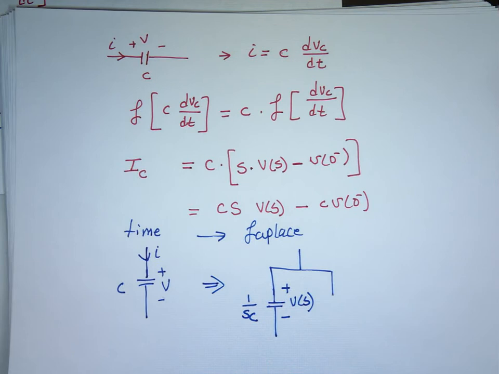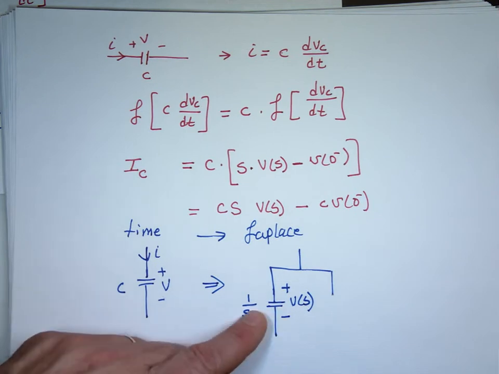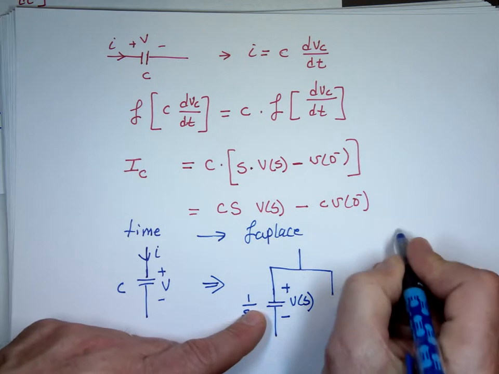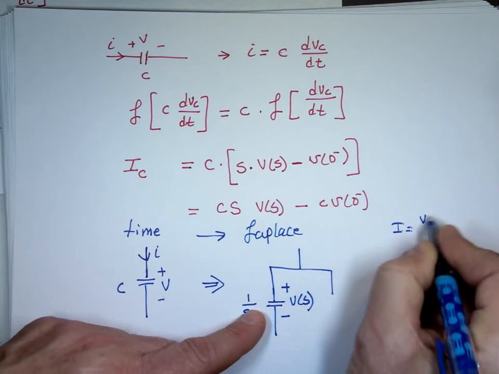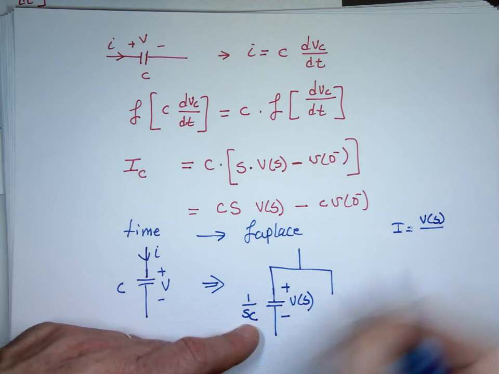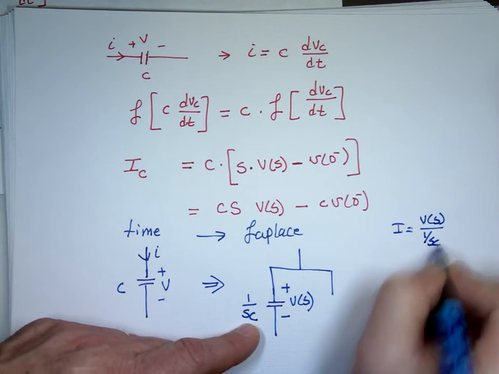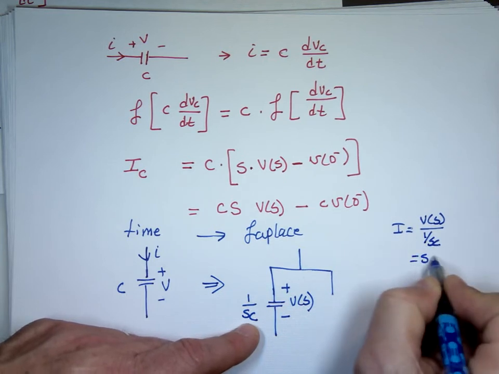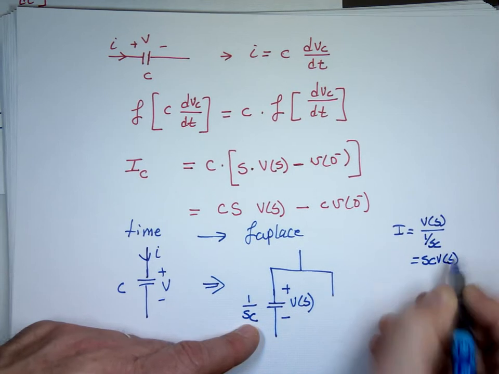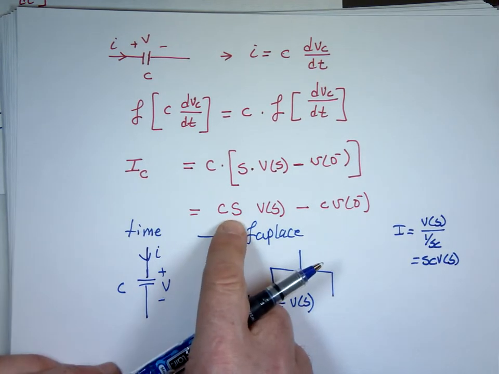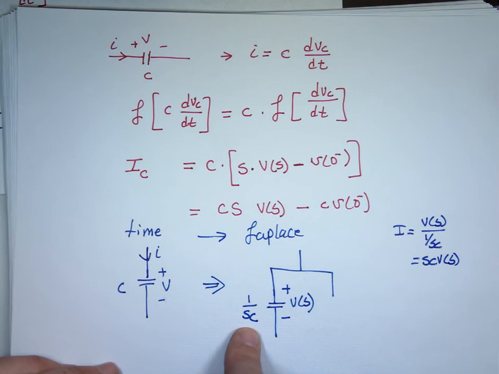And the reason, Ohm's law says what? Current equals voltage divided by the impedance, right? So the current here will be the voltage, which is Vs, divided by 1 over sC. And when you divide by 1 over sC, what does that equal? sC times Vs. And that's what you want it to be, right? So that's why this one is 1 over sC.